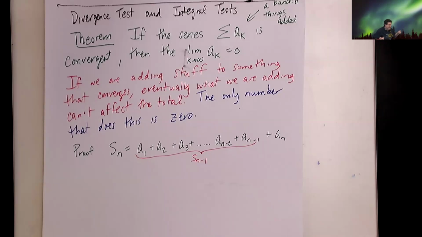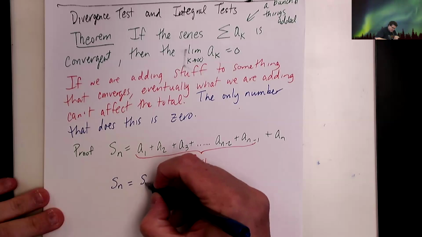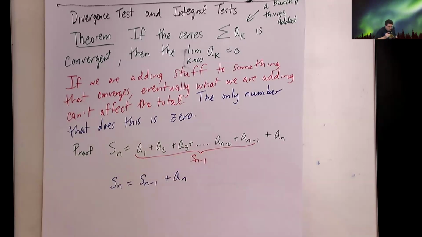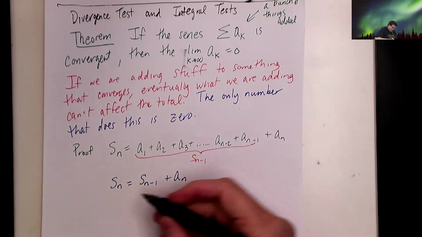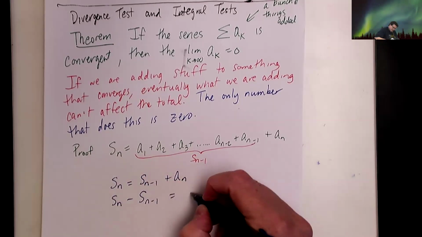It's the sum of the first n minus 1 terms. Does that make sense? So S sub n equals S sub n minus 1 plus a sub n. And that means S_n minus S_(n-1) equals a sub n.